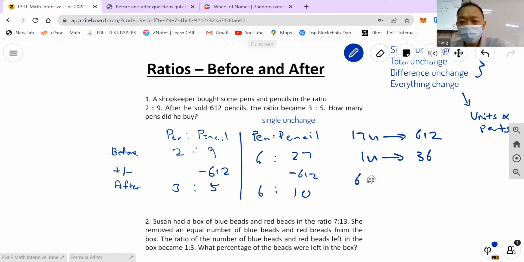Pens are 6 units, so 36 times 6, which is 216. June, you're correct. The answer is 216.